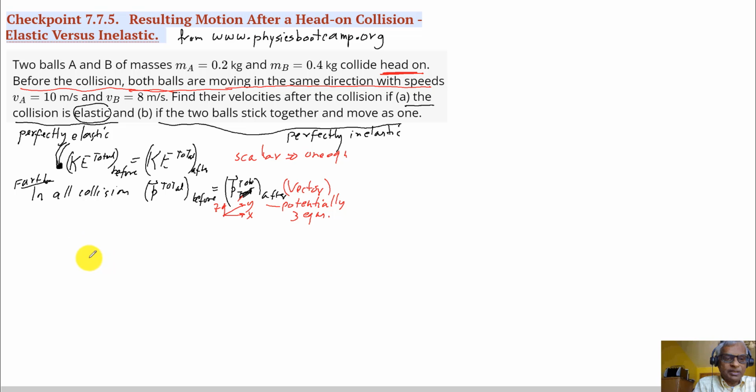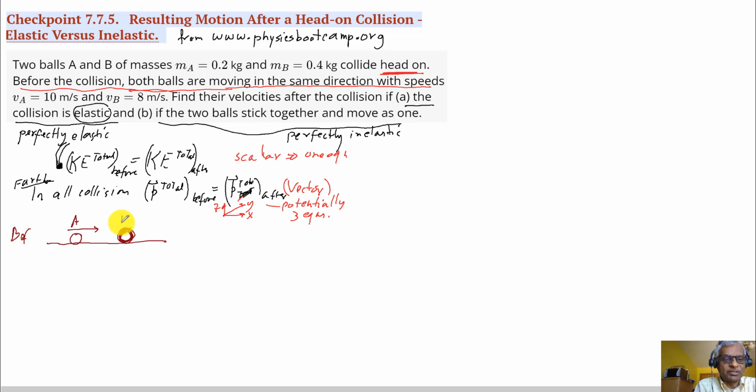So if I draw a picture here, this is the before. A has a faster velocity, and B has the bigger mass.